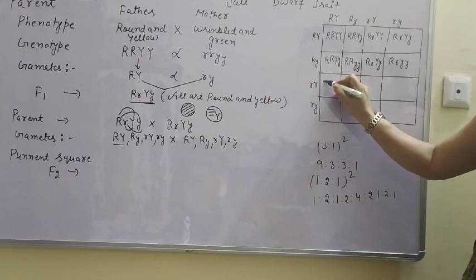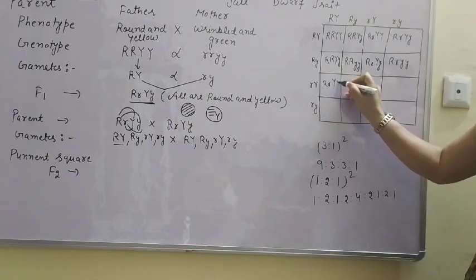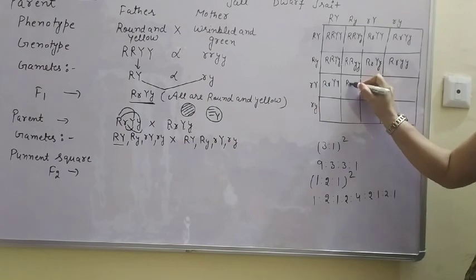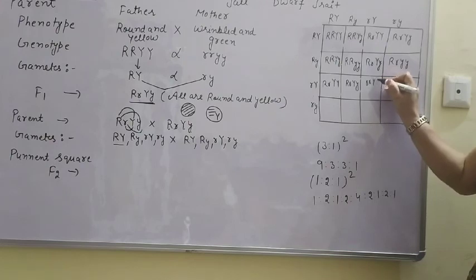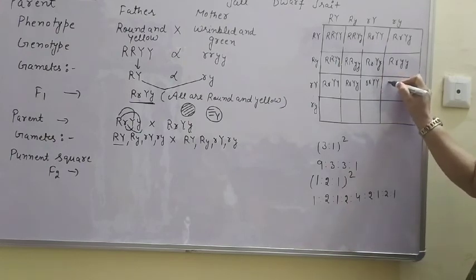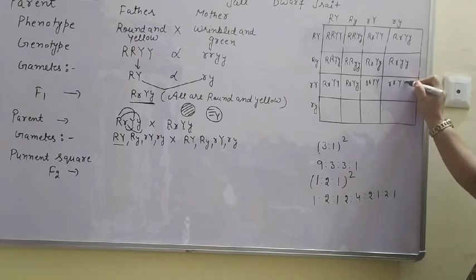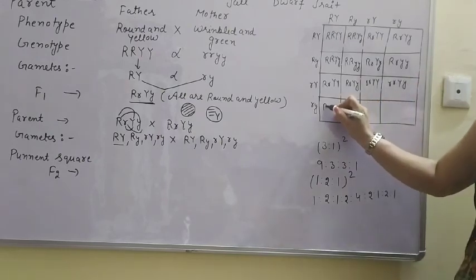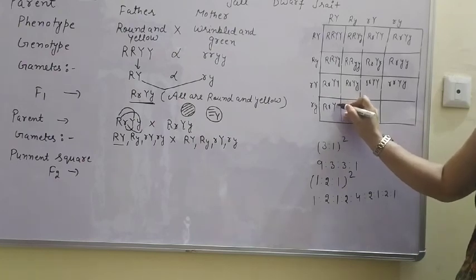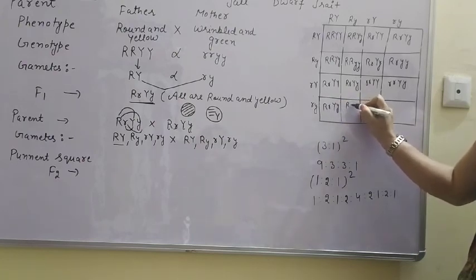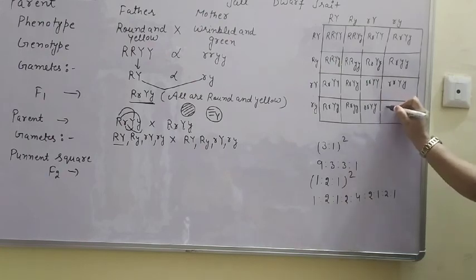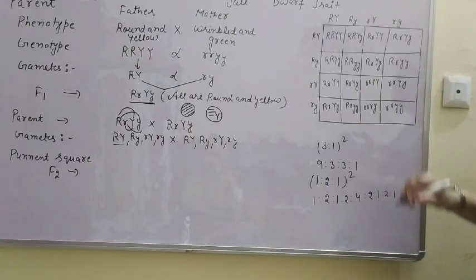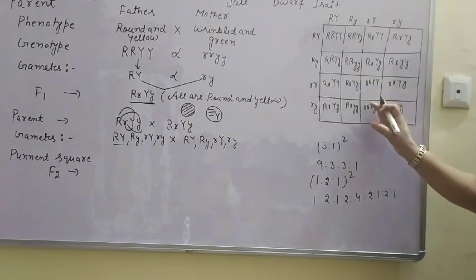Here also you can write capital R, small r, capital Y, capital Y, capital R, small r, capital Y, small y, small r, capital Y, and small r, capital Y, small y. Here also capital R, small r, capital Y, small y, capital R, small r, small y, small r, capital Y, small y, small r, small y. So that is the F2 generation.